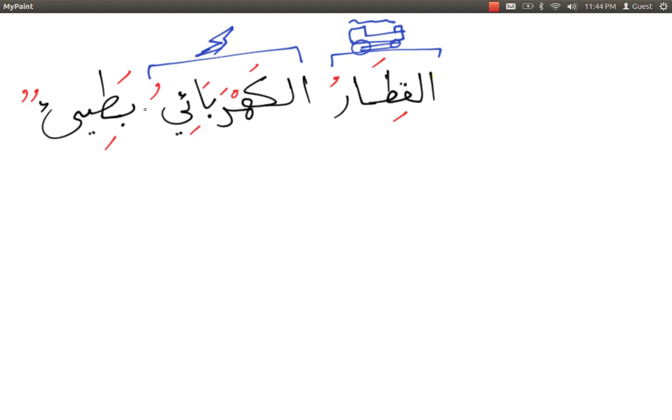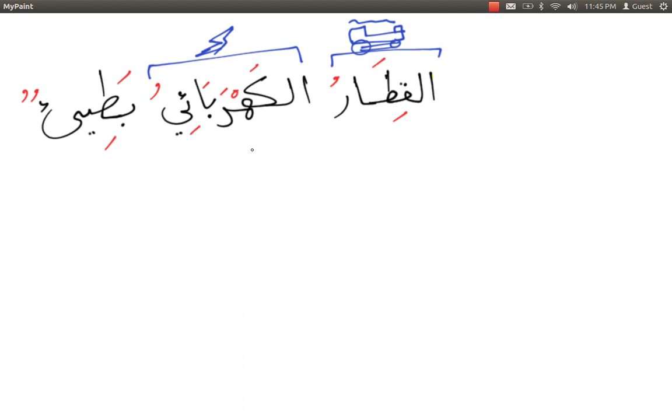Okay, so this sentence translates to the electric train is slow. القطار الكهربائي بطيء. The electric train is slow.